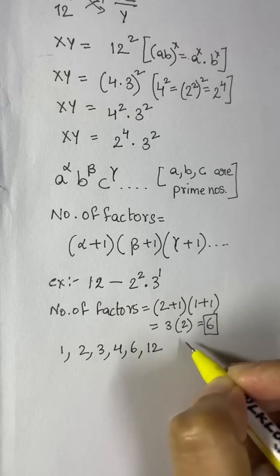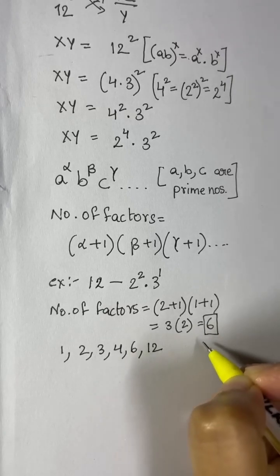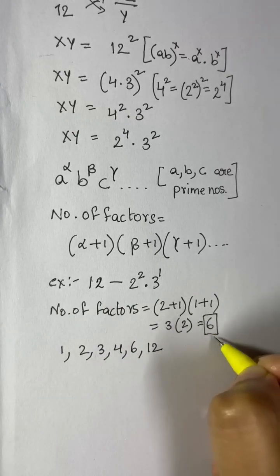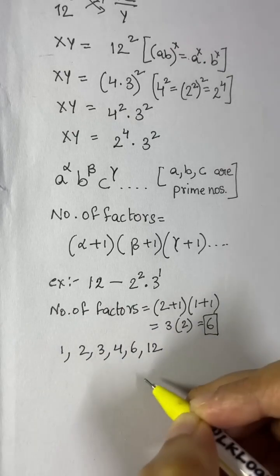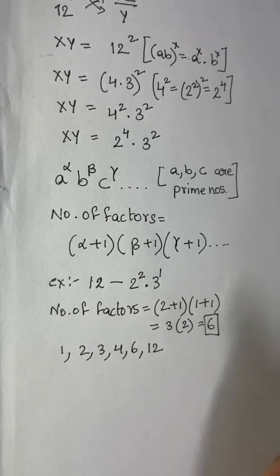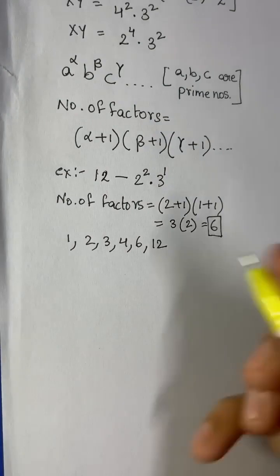So 12 can be written as a product of integers in 6 different ways. What are they? Let's see.